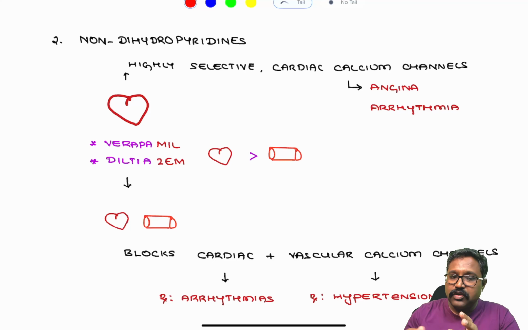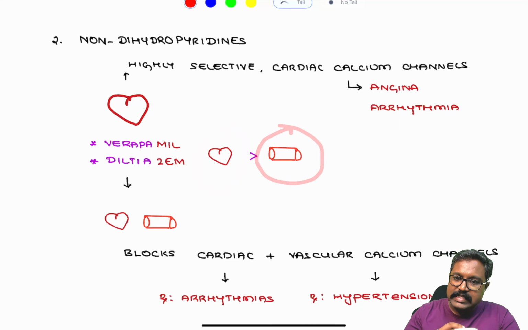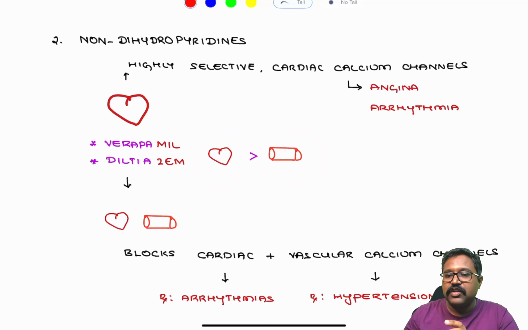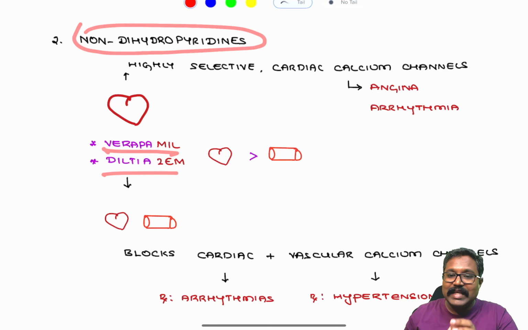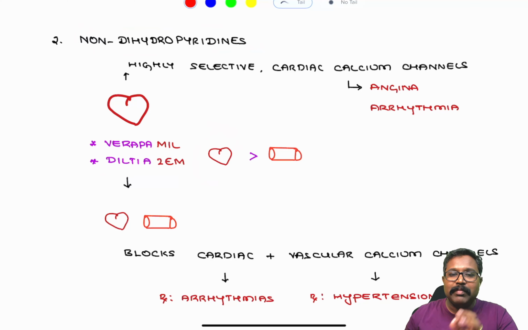Here, the action of these non-dihydropyridines is predominant on the cardiac muscles when compared to the blood vessels. Whereas in the case of dihydropyridines, the predominant action was on the vascular smooth muscles when compared to the cardiac muscles. This difference you need to remember. Verapamil and diltiazem belong to non-dihydropyridines. They act predominantly on the cardiac muscles when compared to the blood vessels.